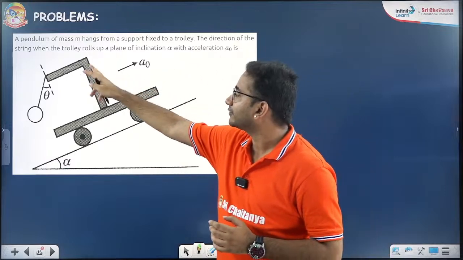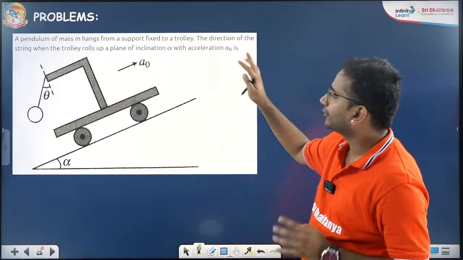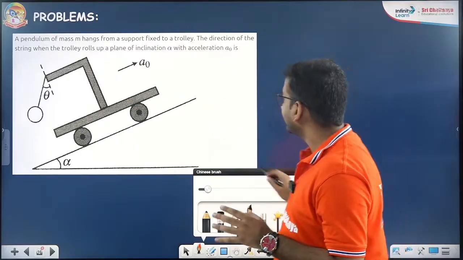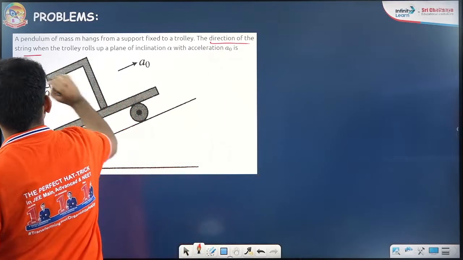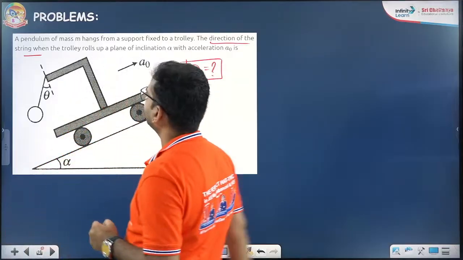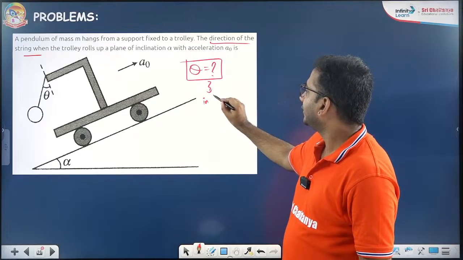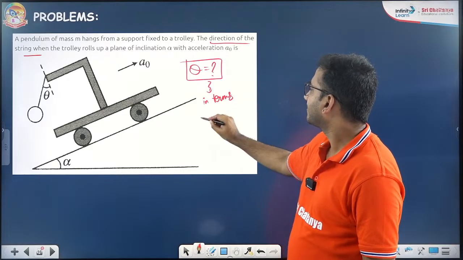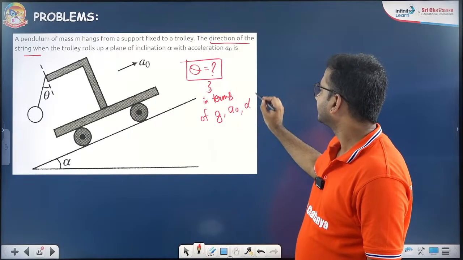They're asking you the direction of the string, theta. You have to tell me theta, the direction of the string, means tell me what is the value of theta, in terms of a naught, g and alpha.